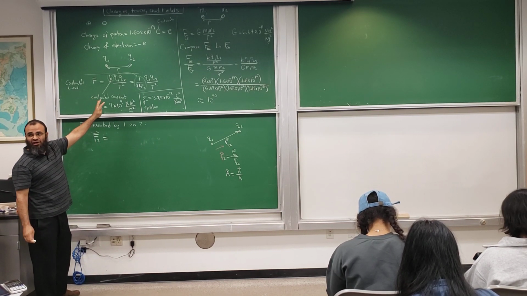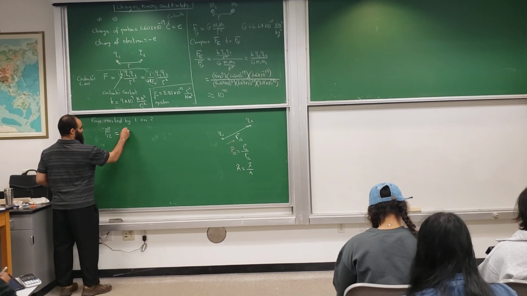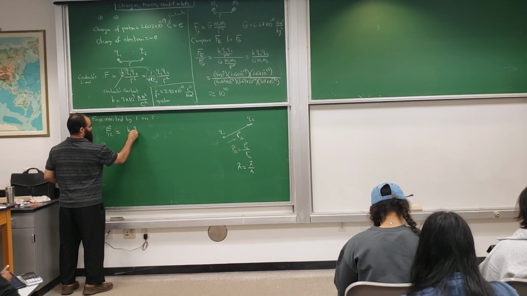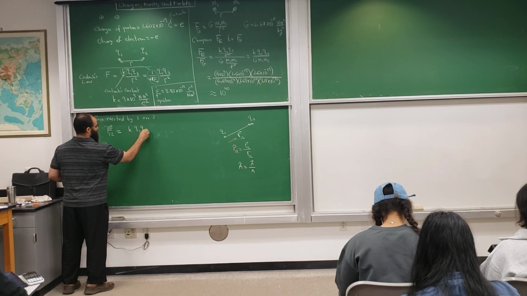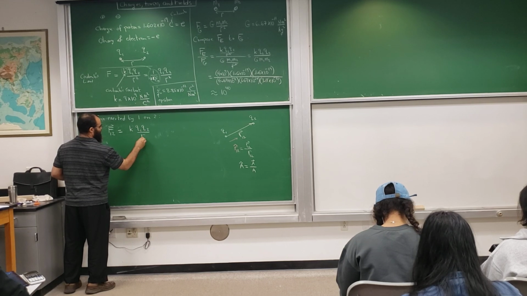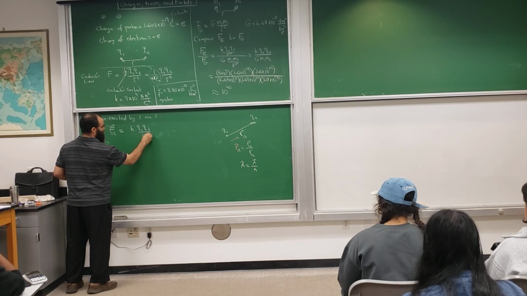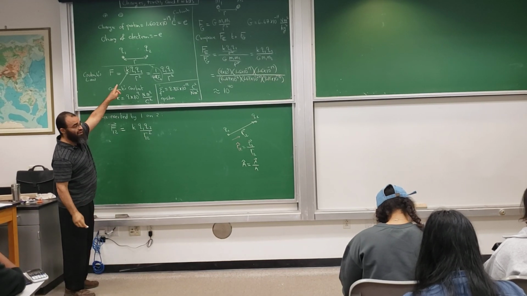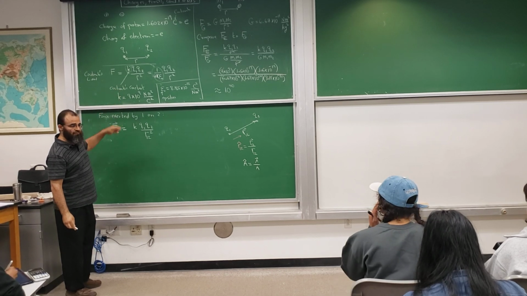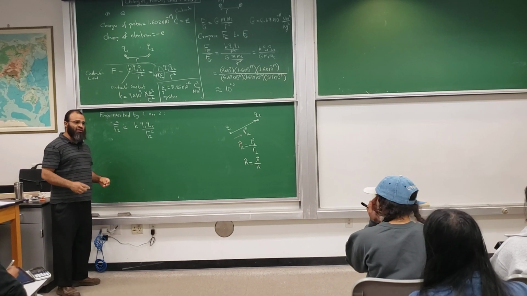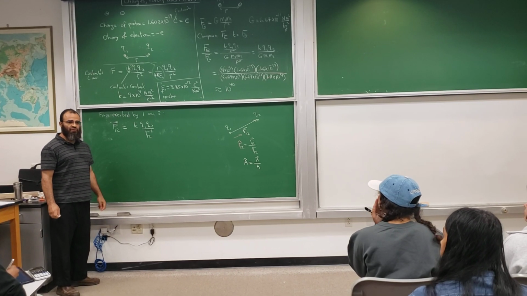That's how big it should be. So it's K, charge 1, charge 2, divided by the distance from charge 1 to charge 2 squared. And now I need to get the direction right.